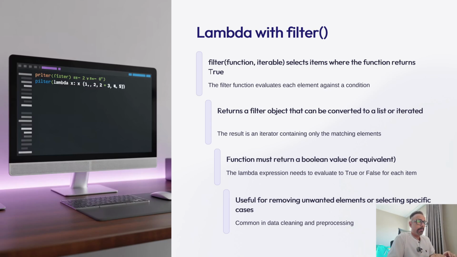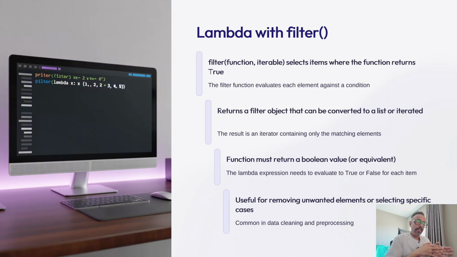The function passed to filter must return a boolean value or something that evaluates to true or false in a boolean context. In machine learning workflows, filtering is essential for data cleaning. You might filter out outliers, remove incomplete records, or select specific subsets of your data for analysis.